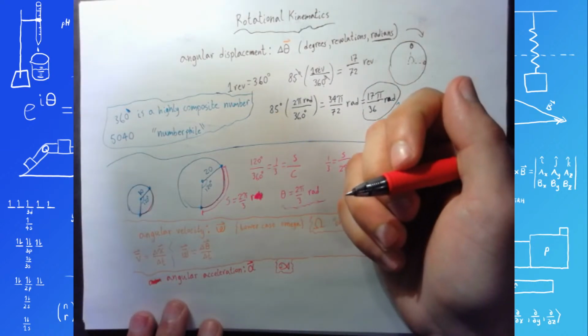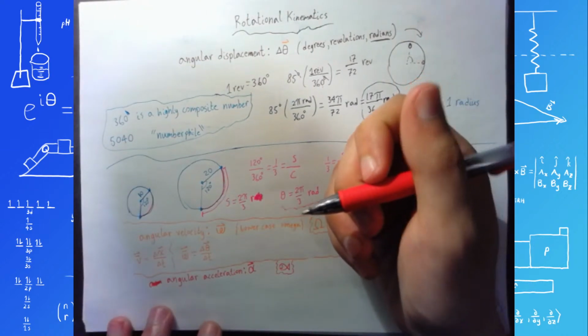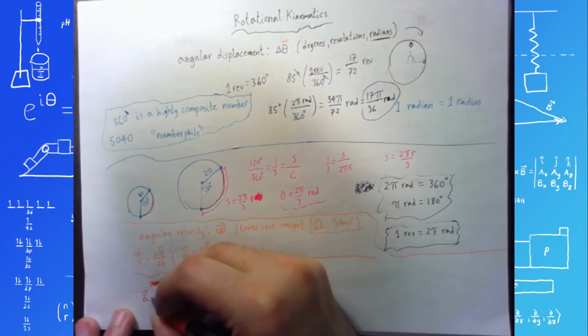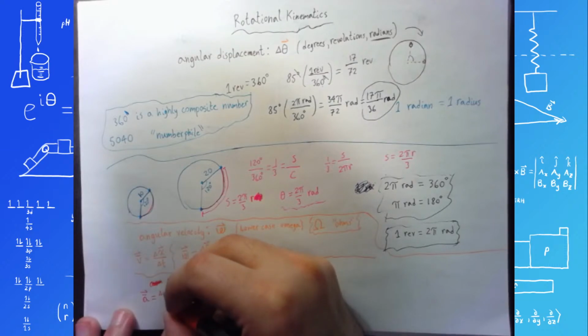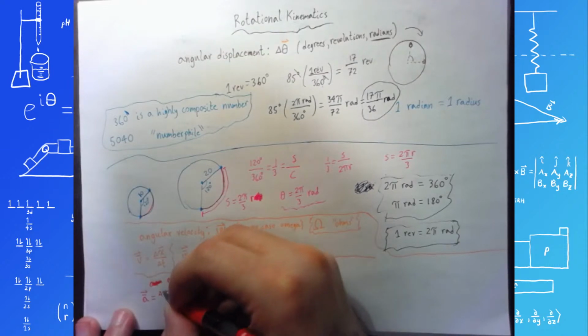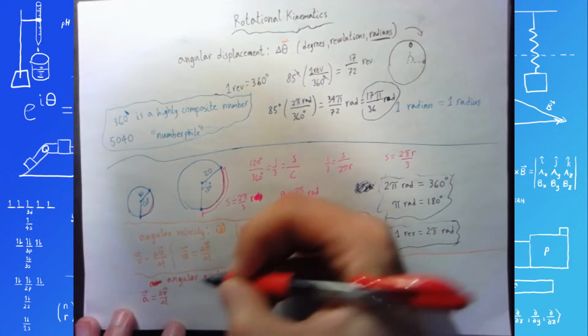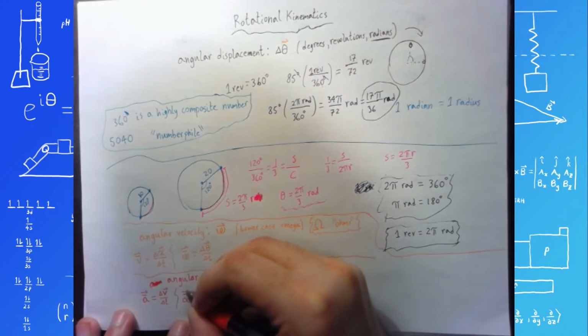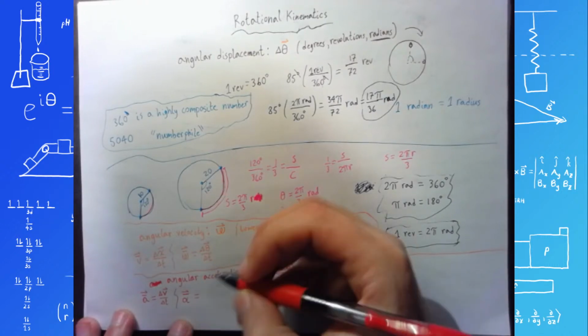Anyway, angular acceleration. So if we wanted to define the same way we defined average acceleration as change in velocity over change in time, well, we can define average angular acceleration for a rotating object in a similar manner.